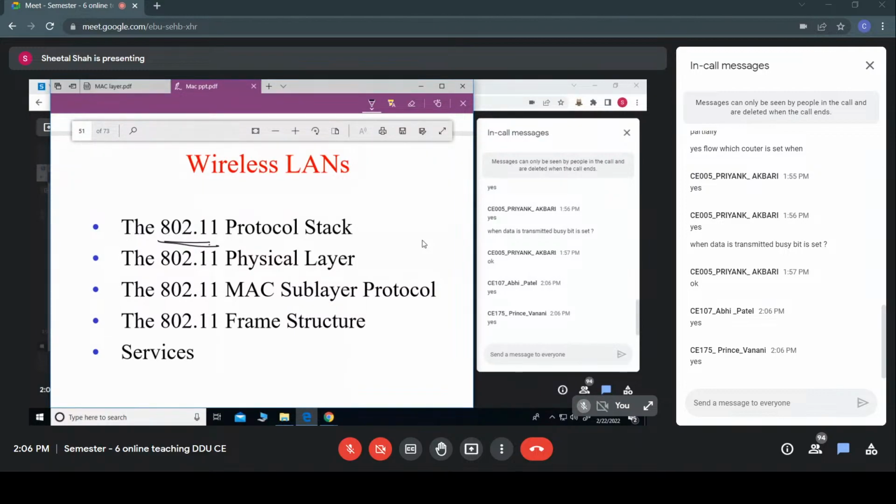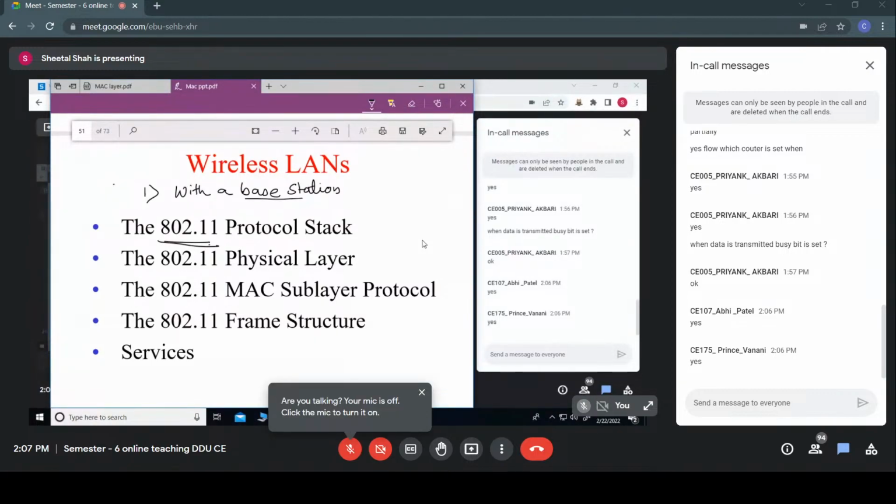Now this wireless LAN can operate in one of two configurations. One of them is the configuration with a base station. That means there would be some central control, provided by a station known as a base station, or it can be without a base station.